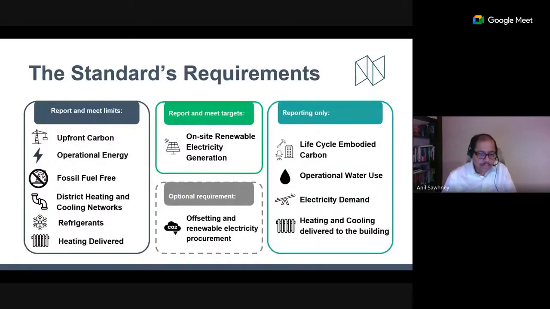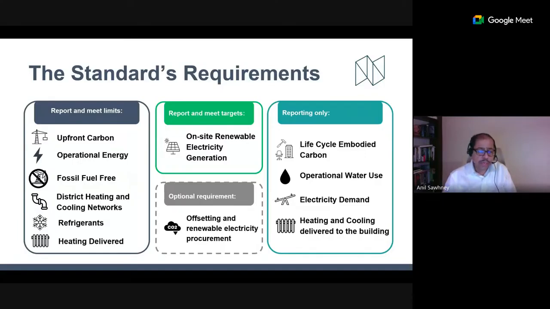The standard requires you to report and meet limits on upfront carbon, so embodied carbon. It asks you to look at operational energy in the building. You need to start thinking about fossil fuel free buildings. You need to consider limits and targets for district heating and cooling networks, refrigerants, and any heating delivered.